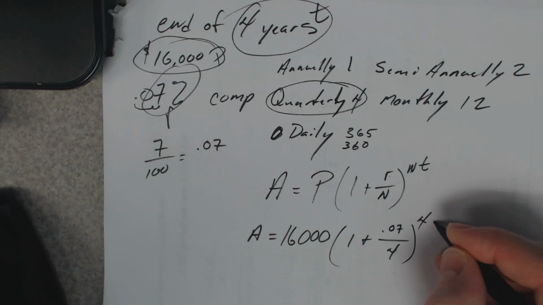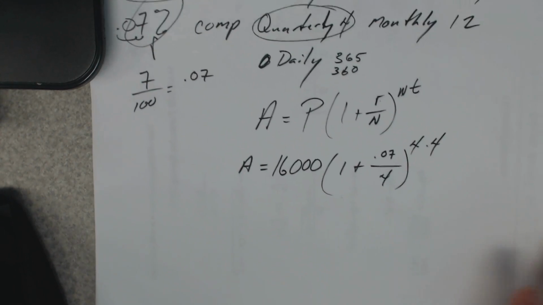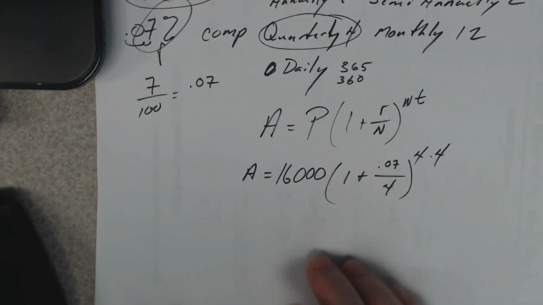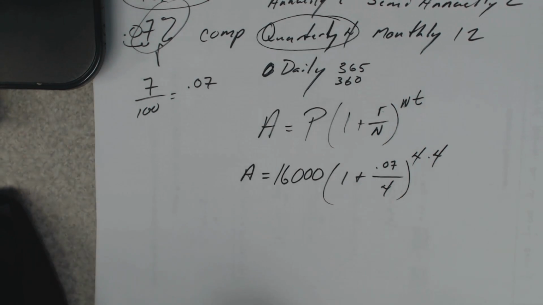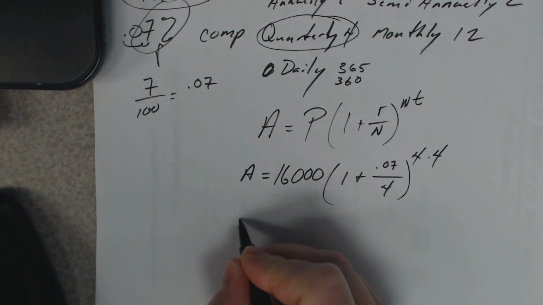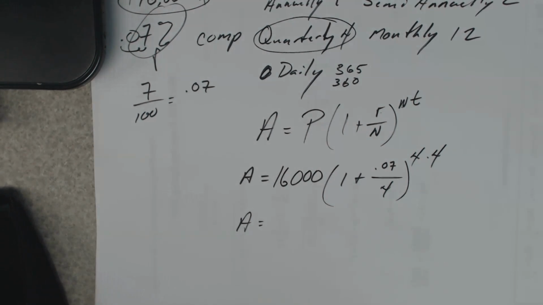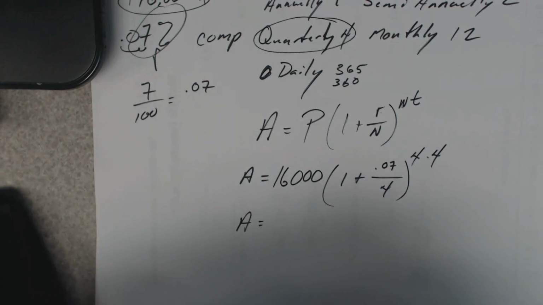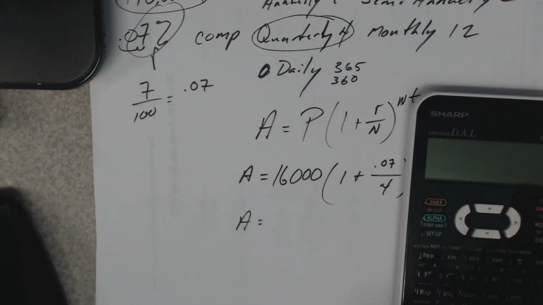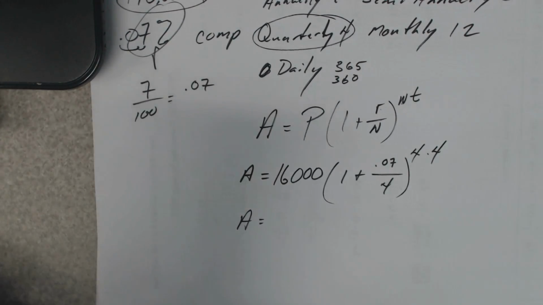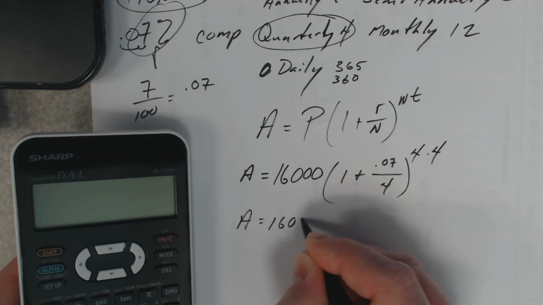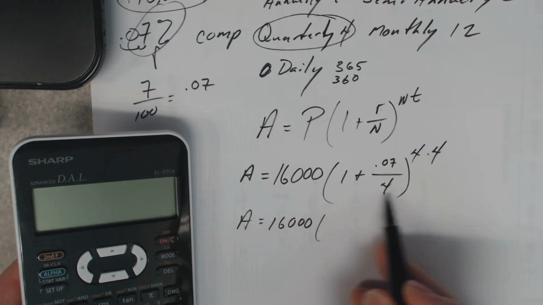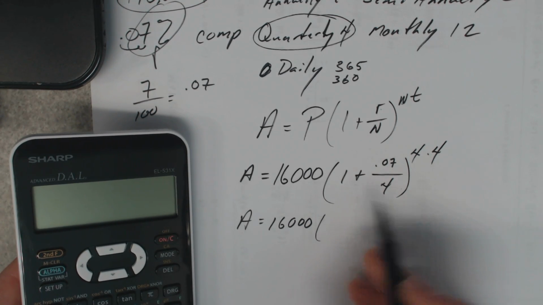Now, a lot of people can do this, but then they get down to trying to type this in the calculator. They try to put all this in the calculator at once, and I do not recommend that. I'm going to use a basic calculator for this. I'm going to simplify this part right here first.